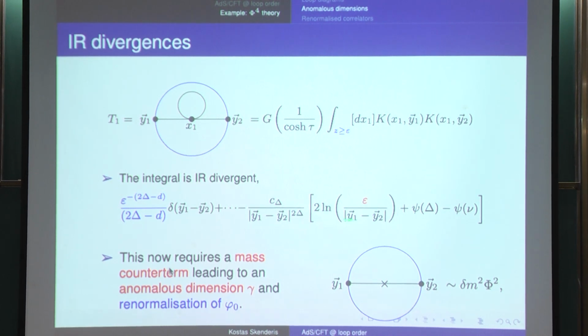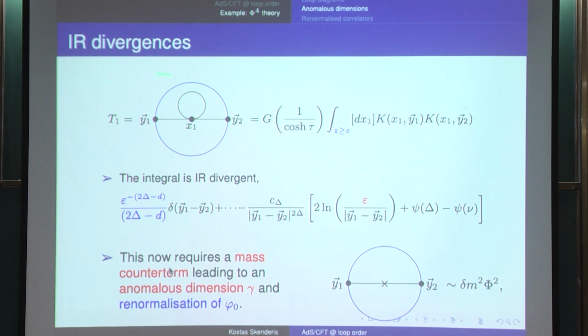Then you have a log epsilon, and then there are some constants. Now, once I have this, the format of the divergences is such that I cannot remove them by just rescaling the sources. I need something else. I need to introduce a mass counterterm.